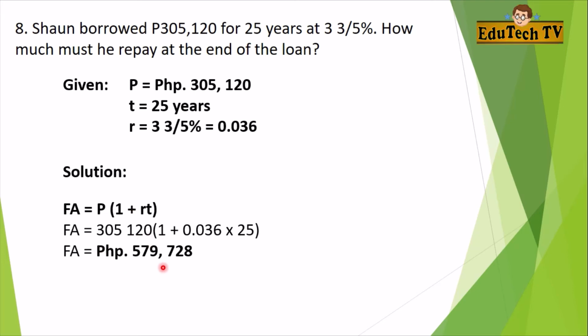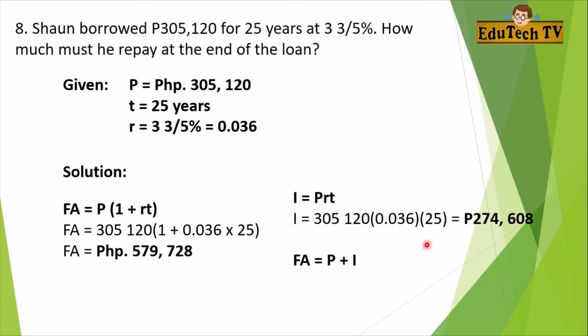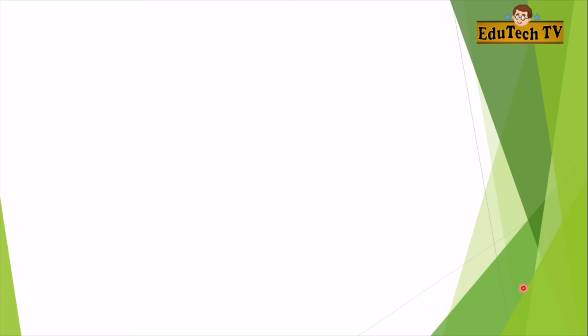Or you can also use the I first, PRT. The interest is 274,608, and then you just have to add this to the principal amount. So that's the final amount. We'll come up with the same answer, which is 579,728.